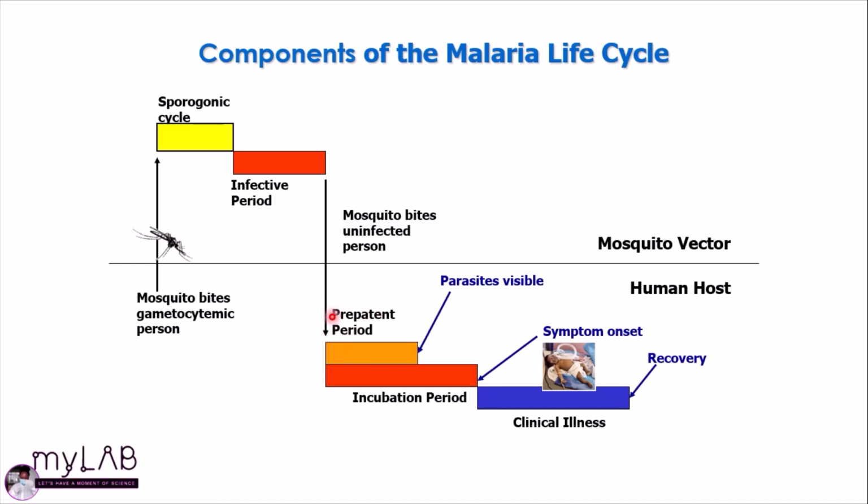And the first period, we call it the prepatent period, between the infection and the parasites becoming visible in the bloodstream. And also we have an overlapping incubation period that is from infection time until the onset of the first symptoms. Of course, then clinical illness, and if treated, recovery. If not treated, it may result in mortality.